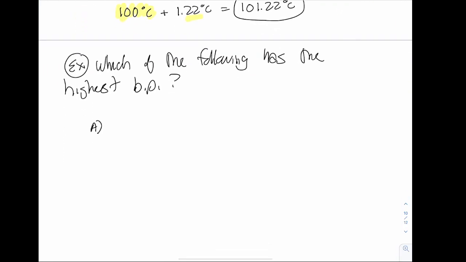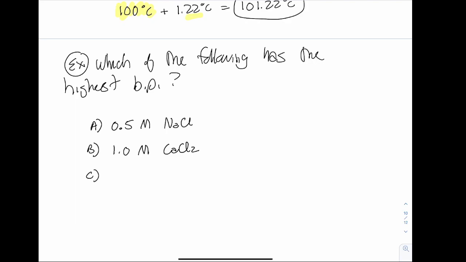So A, I'm going to have a 0.5 molar sodium chloride solution. B, I'm going to have a 1.0 molar calcium chloride solution. And then C, a 1.0 molar sodium chloride solution.